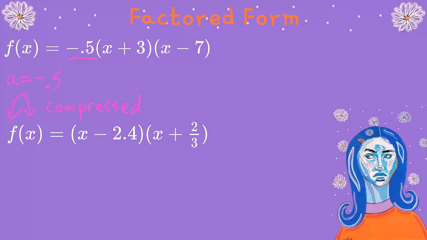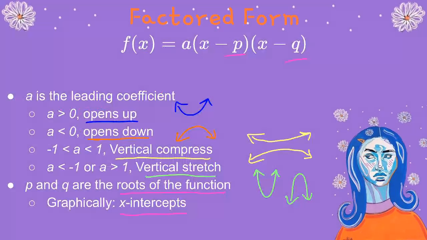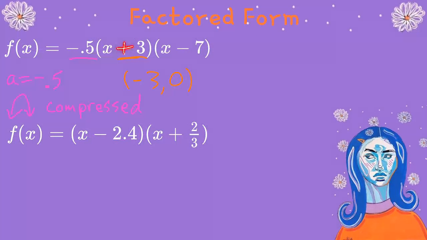So this tells me that one of my x-intercepts is -3, 0. Now you may be wondering, why -3? Well, because it's x minus p. So the only way that we can get a positive 3 is if we subtract negative 3.